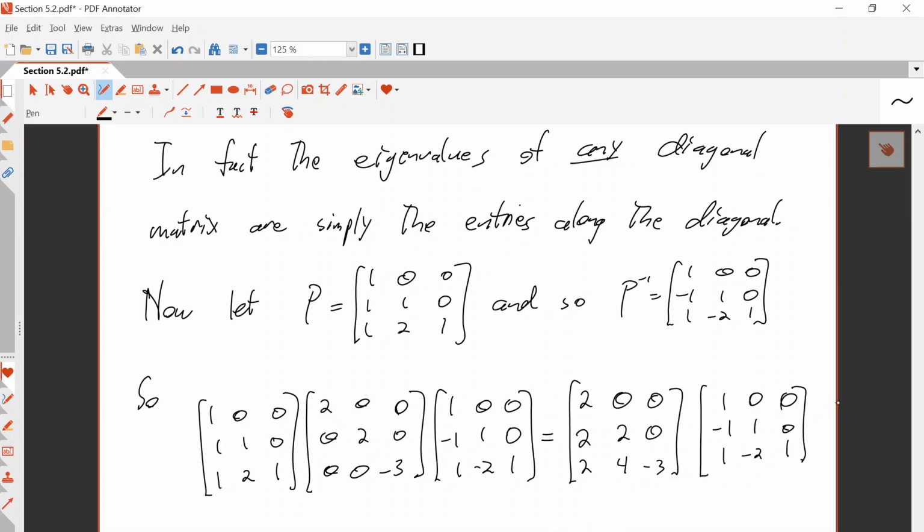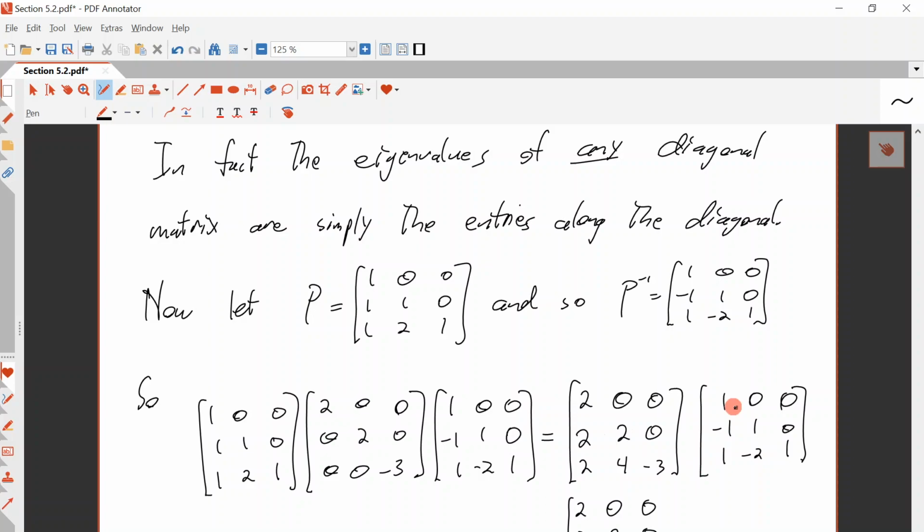And then multiplying this, first row, first column, 2 plus 0 plus 0, 0, 0, 0, and then 2 minus 2 plus 0, 0, 2, 0, 0, 0, 0.